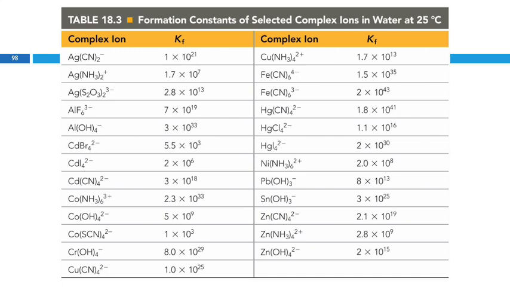Most all of the polyatomic anions do not have metals in them. Chromate is funky. So this looks like a chemical formula, right? AgCN2. Except there's an overall charge. It's an ion.